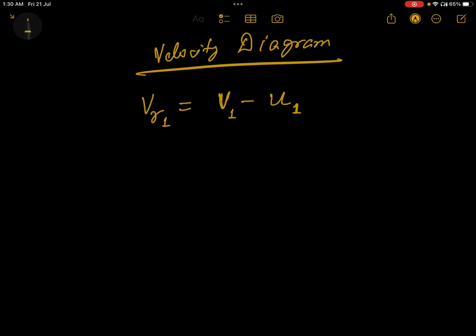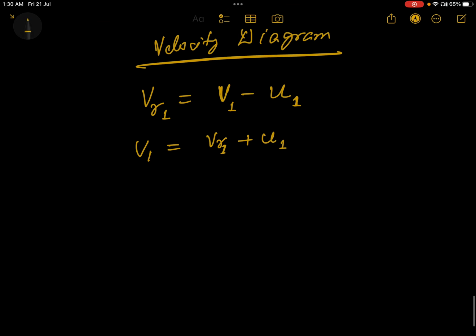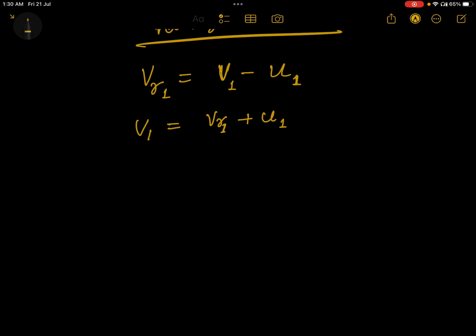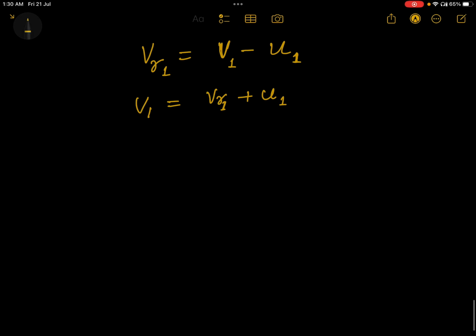So from this equation, if you want to find the absolute velocity, you will get the relative velocity plus the velocity with respect to which you are finding it. Okay, so this is the simple vector algebra we'll apply in turbo machines.